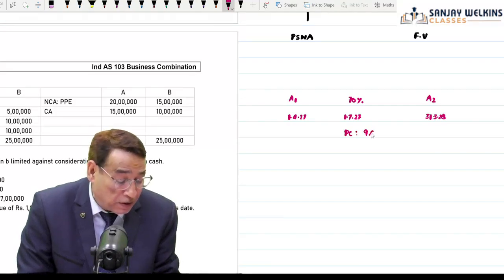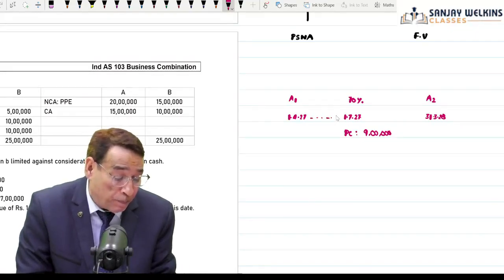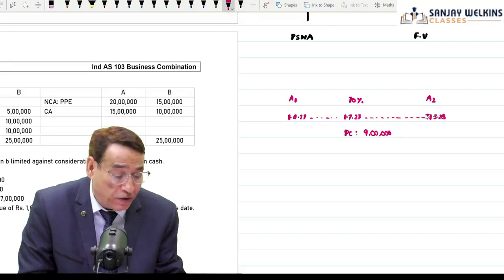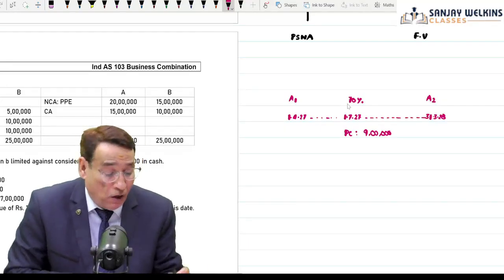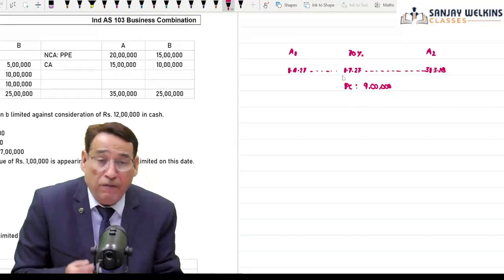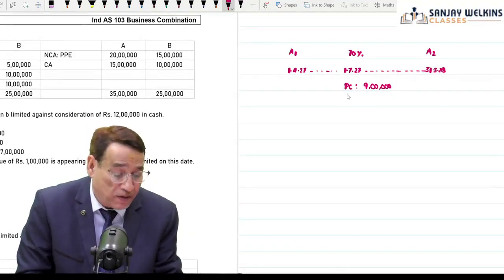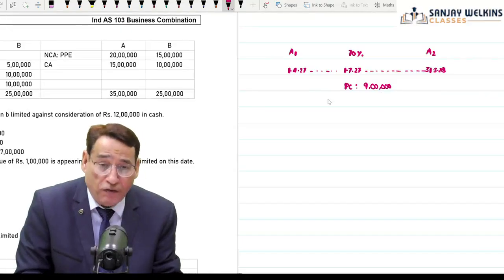On 1/7/2027, we acquired 70% stakes, and in order to acquire 70% stakes, we paid a consideration of 9 lakh.